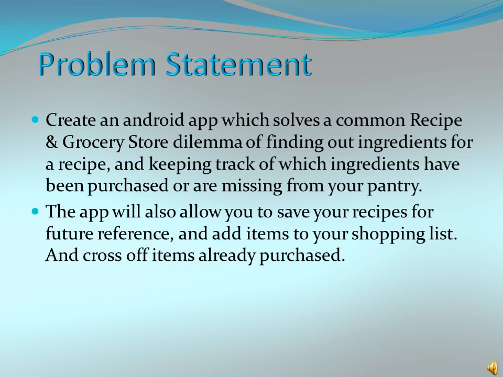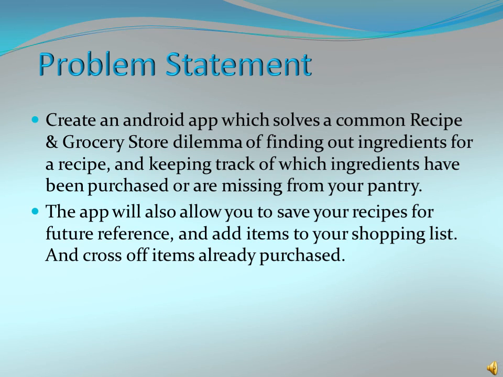The problem statement. The problem we're trying to solve is the dilemma of a user searching out for ingredients for a recipe, keeping track of those ingredients and which ones have been purchased and which ones are in your pantry or not in your pantry.